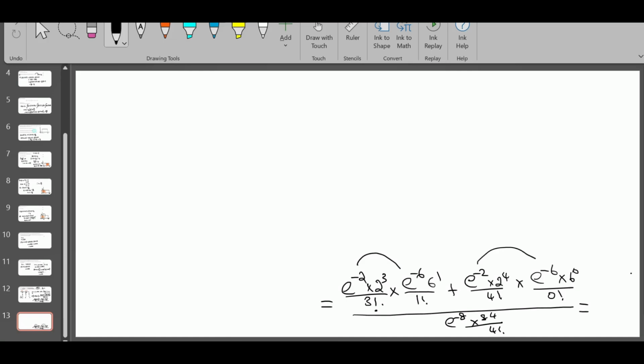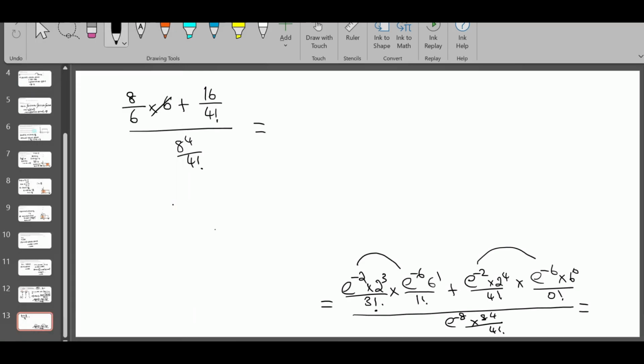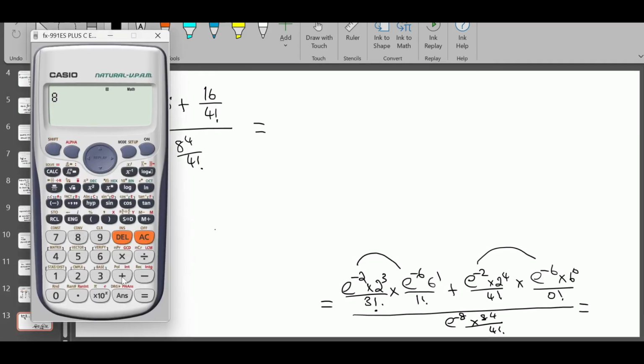You get 2 cube over 3 factorial times 6 power 1 by 1 factorial plus 2 power 4 by 4 factorial times 6 power 0, everything is 1, divided by 8 power 4 by 4 factorial. Let's calculate this now. This is basically 8 plus 16 over 4 factorial.